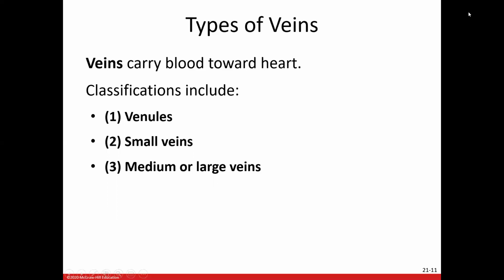And much like your arteries, you have three types of veins. You have venules, which are the smallest of the veins. You then have small veins, and then you have medium and large veins. So in the same way that the blood flow goes from elastic arteries to muscular arteries to arterioles, we're now going from venules, passing the blood along to small veins, passing the blood along then to medium and large veins, then back to the heart.